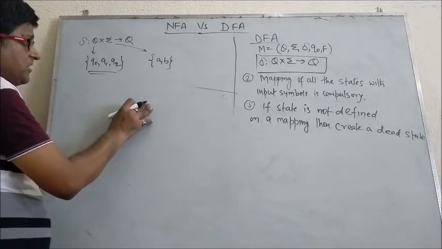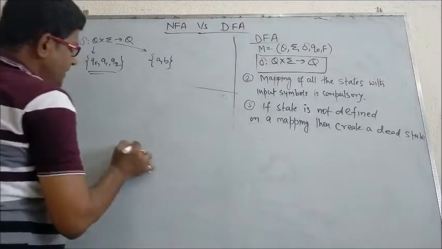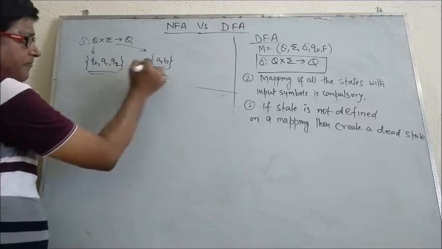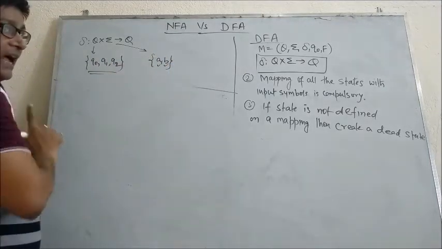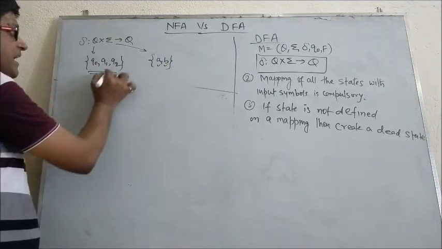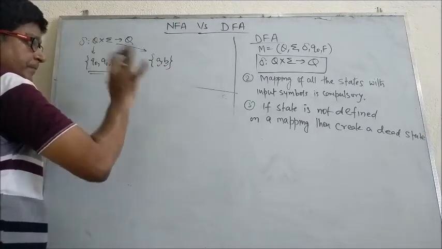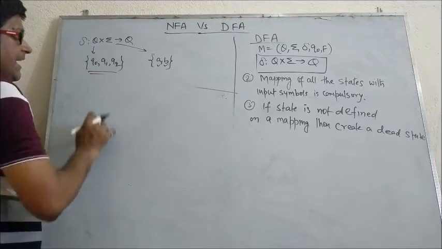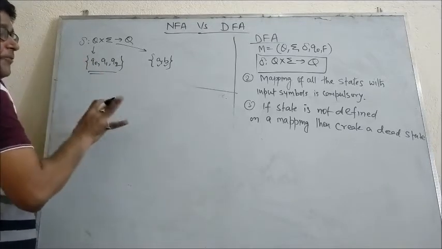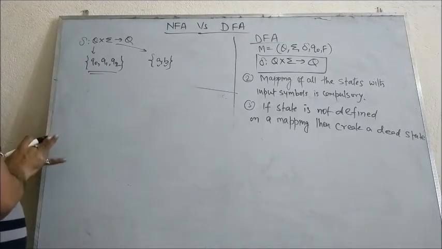Mapping all the states with input symbols means Q0 must be mapped with A and B both. Similarly, Q1 must be mapped with A and B compulsorily. Similarly, Q2 must be mapped with A and B compulsorily.